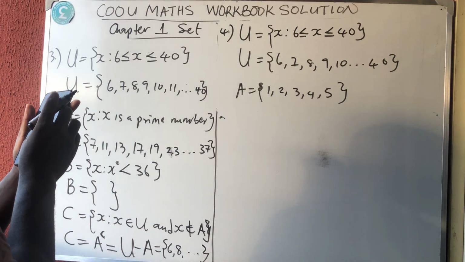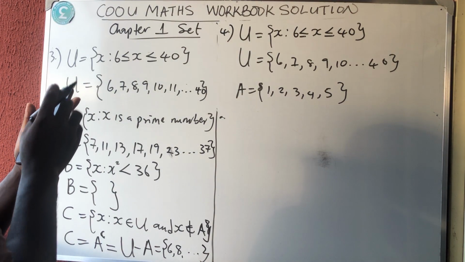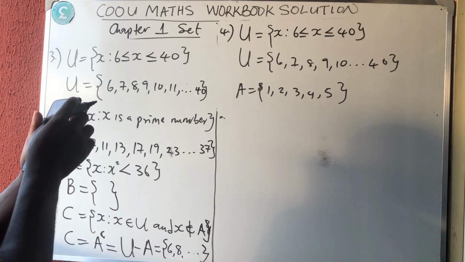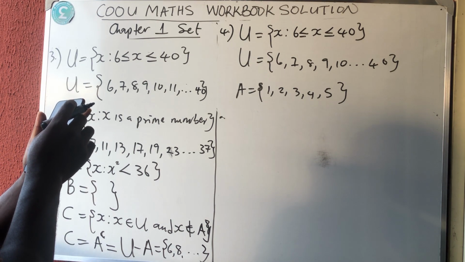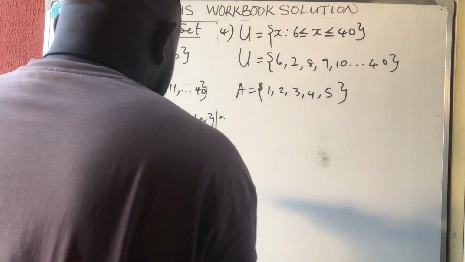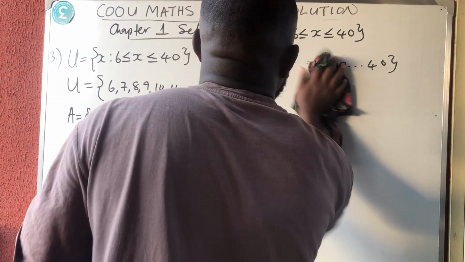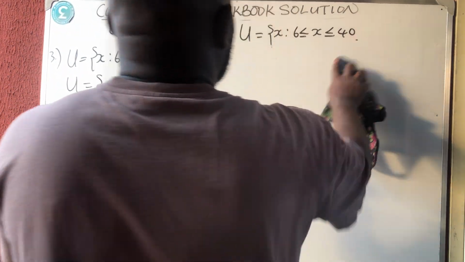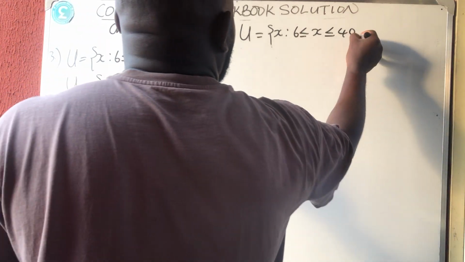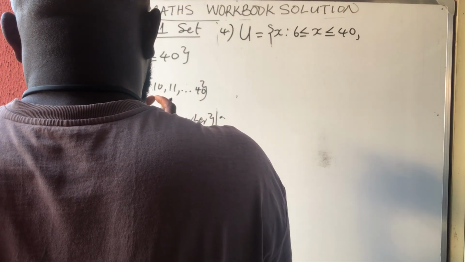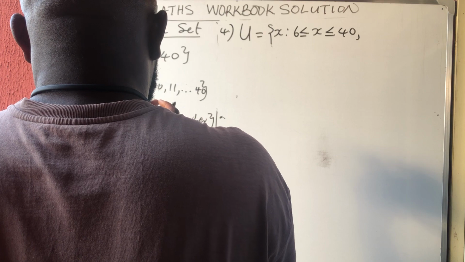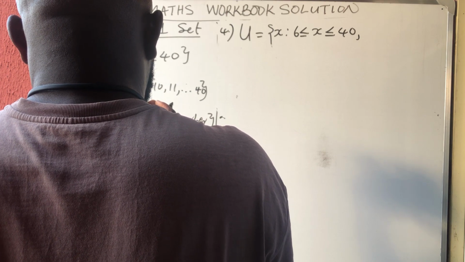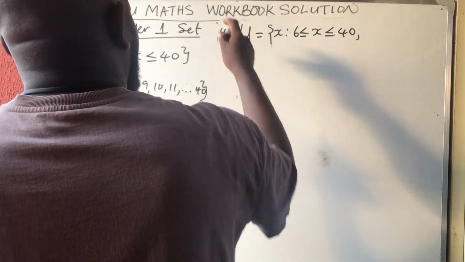Seriously, when they gave us the universal set, it started from there. There's a condition for number 4, unless maybe this U is not a universal set.